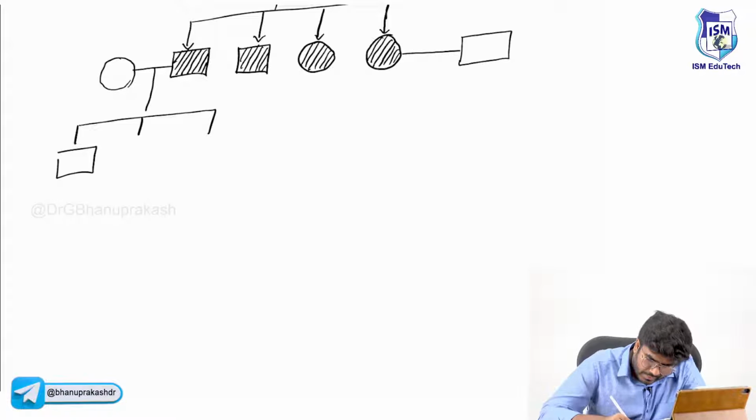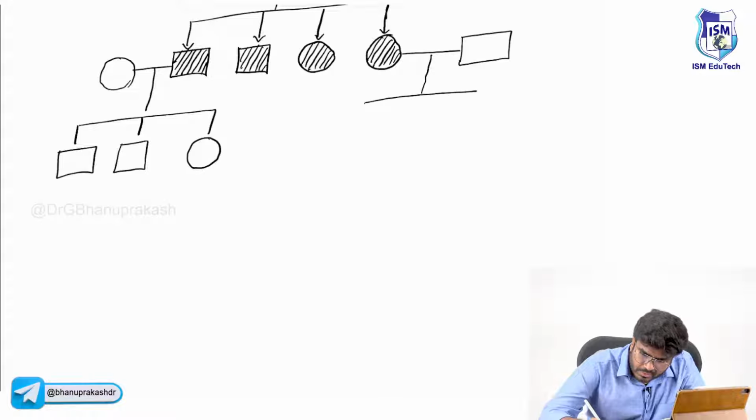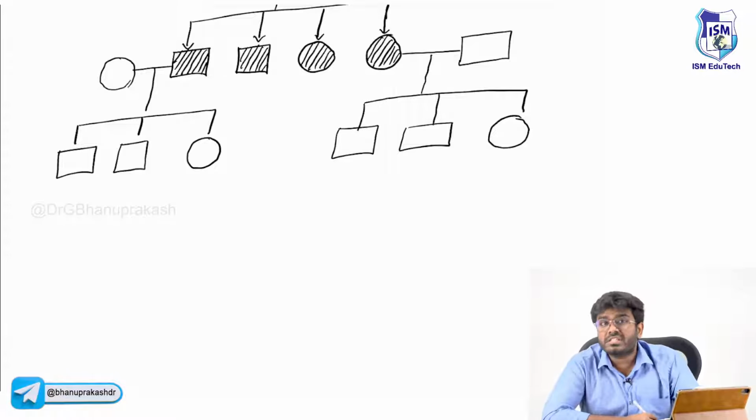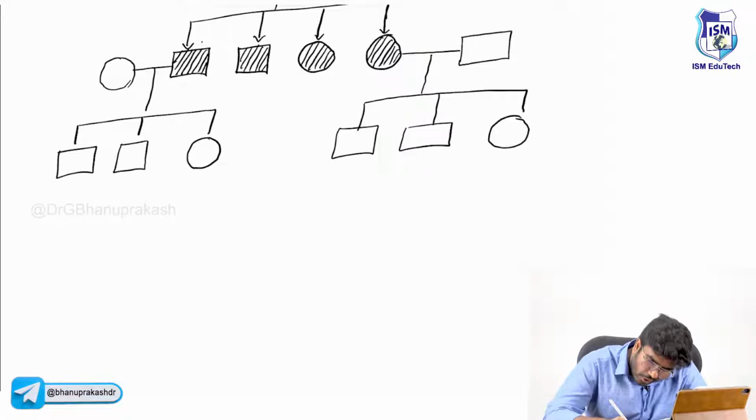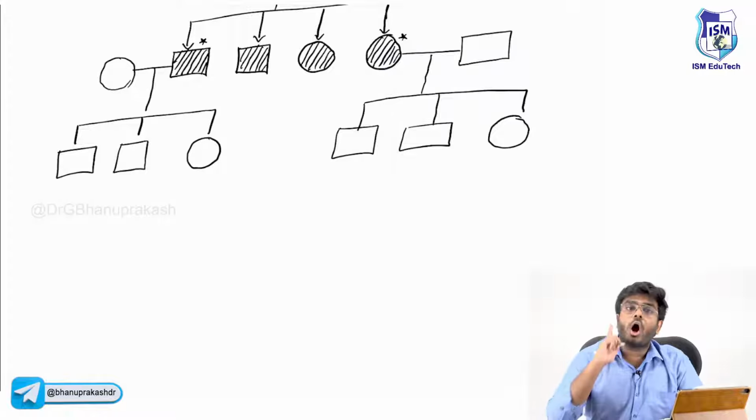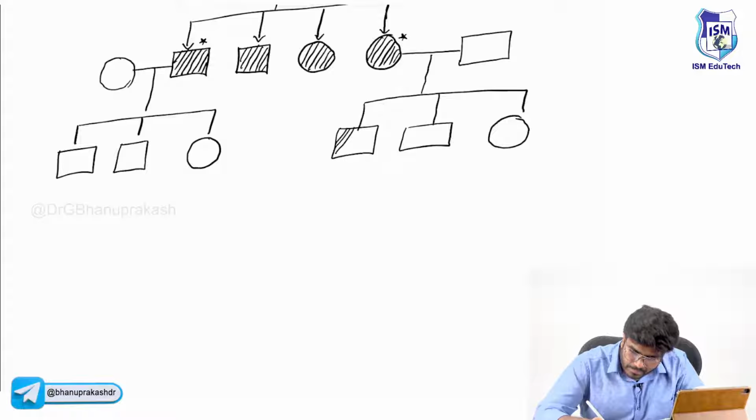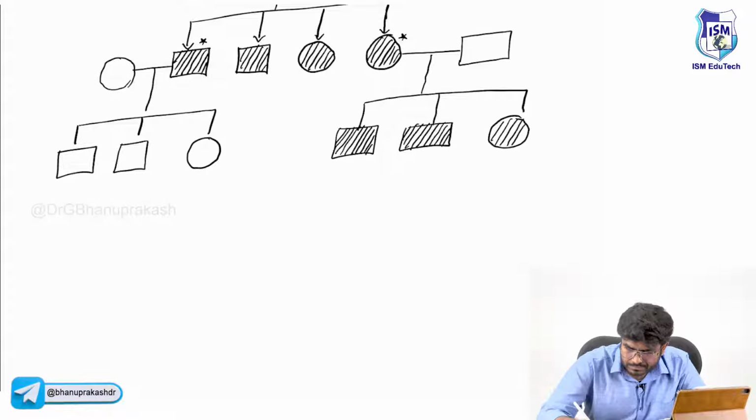They are having three children, two boys and one daughter, and these people are also having two boys and one daughter. Now tell me, which children will be affected? Here the father is affected, here the mother is affected. When the mother is affected, all the offspring will be affected.